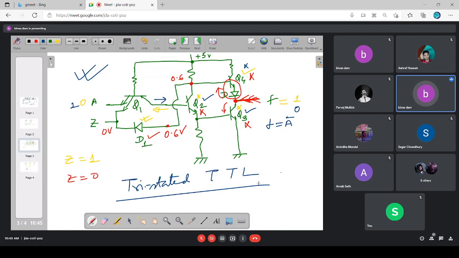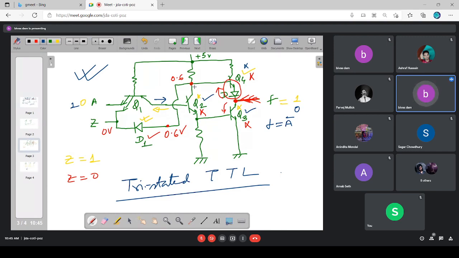When inside the TTL logic circuit, we implement this diode D1 and make the connections accordingly, in that case, that particular TTL circuit is called one tri-stated TTL. Here, specifically, this particular circuit is called one tri-stated TTL inverter.